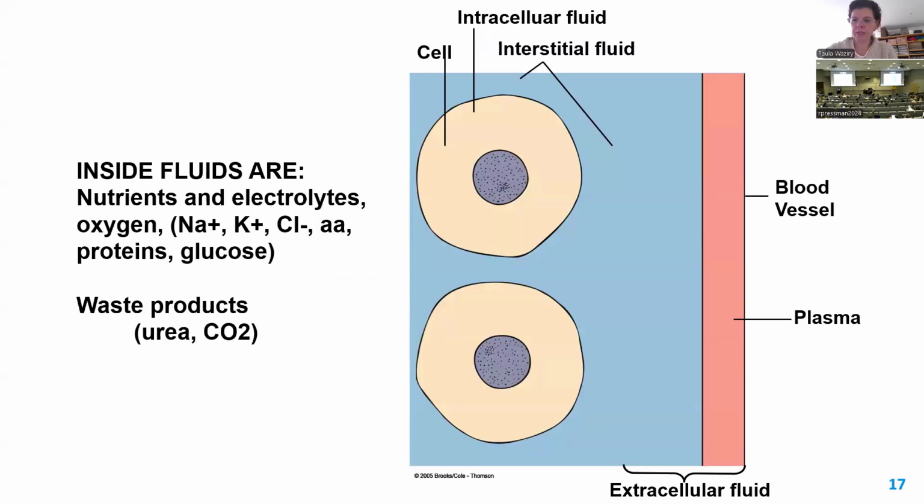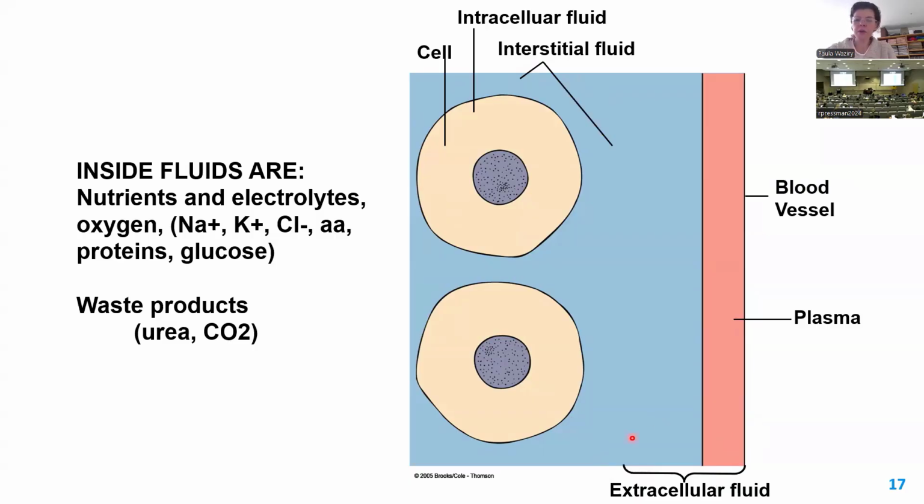So now we're going to see what is inside of the cell and what is outside of the cell. Here is your cell. This is your nucleus. Fluid inside of the cell, you call that intracellular fluid. And fluid outside of the cell, you call that extracellular fluid, but you have different types of extracellular fluids.